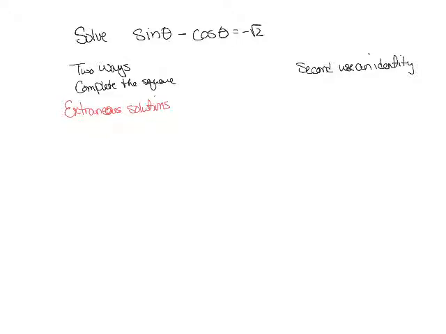So if we started out with completing the square, we would square both sides of the equation. So we would get sine squared theta minus 2 sine theta cosine theta plus cosine squared theta is equal to 2, positive 2.